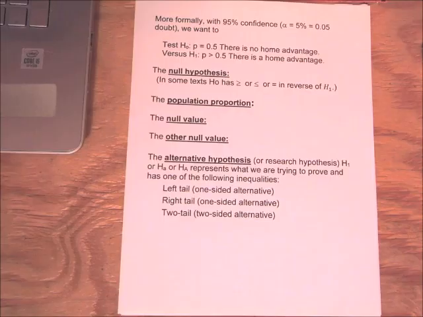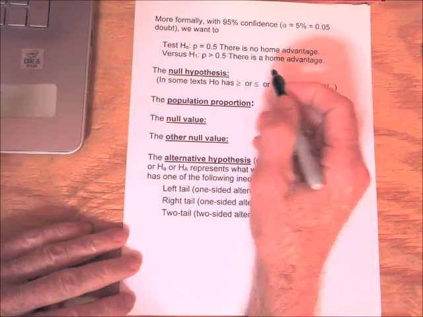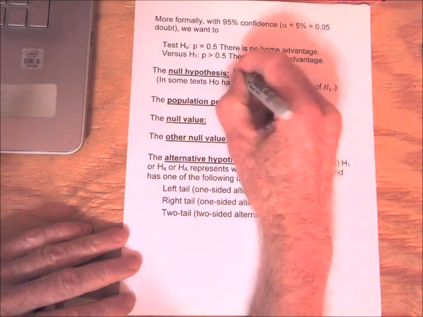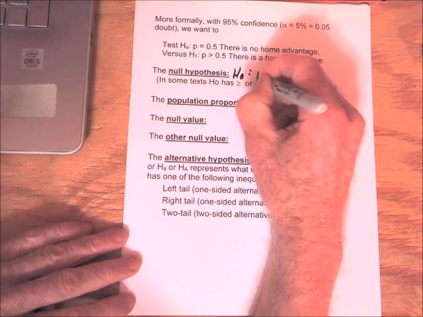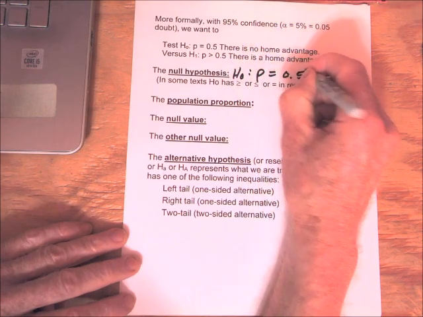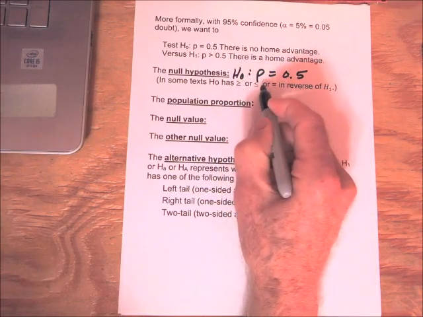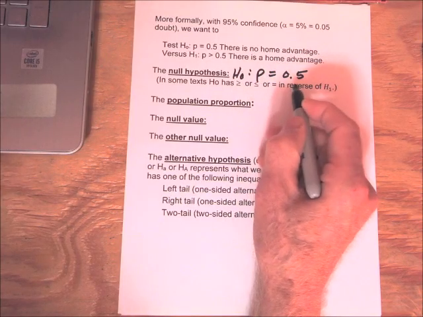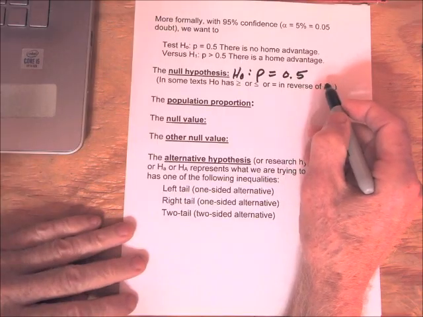Let's go over some of the terminology. For the null hypothesis, most textbooks always have an equal sign in H0. So H0 is p is equal to 0.5. In some books, you might see a greater than or equal to or less than or equal to symbol in H0, but it always includes equal, and it's always the reverse of whatever H1 is.